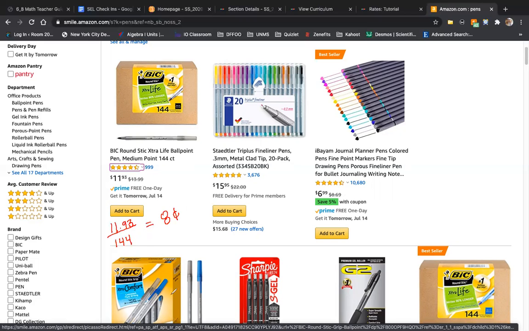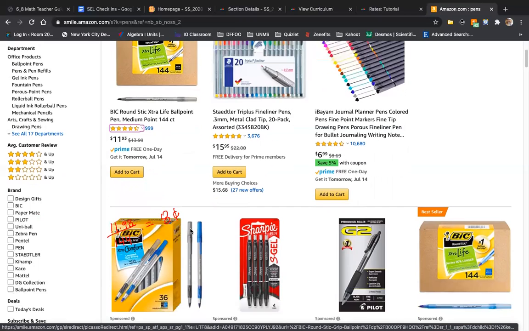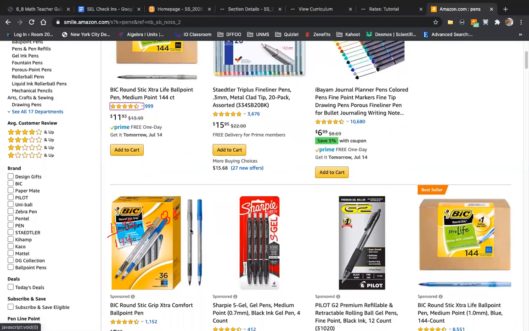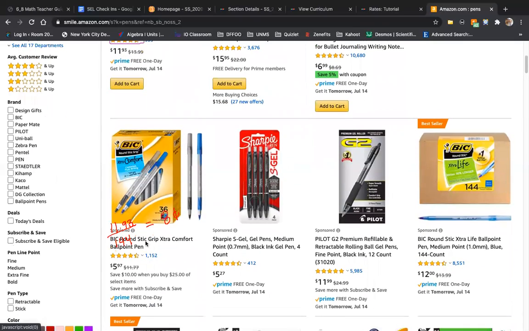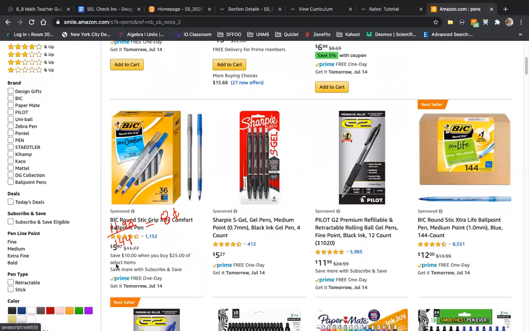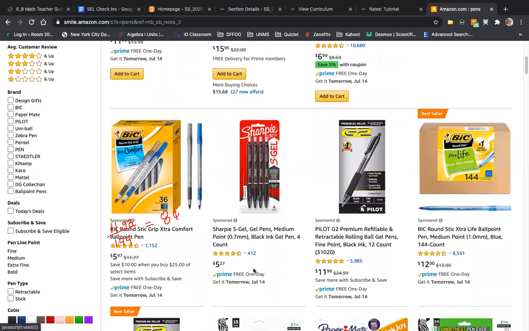Now, let's say I'm looking at the one at the bottom, same style of pens, kind of, right? But now it's $5.97 for 36 pens. So in this case, if I was to do the $5.97 divided by 36, let me write it on the side.